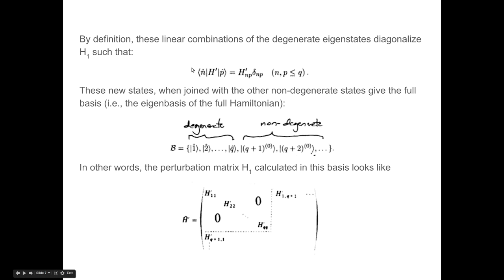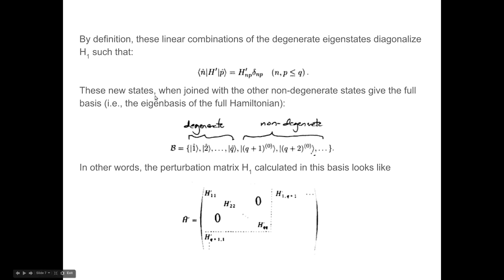So if I take the matrix element of our perturbation Hamiltonian with respect to these states, it should be diagonal. Okay, so I should get a Kronecker delta. This just tells me that I'm in that subspace, so N and P have to be less than or equal to Q, the number of degenerate states.